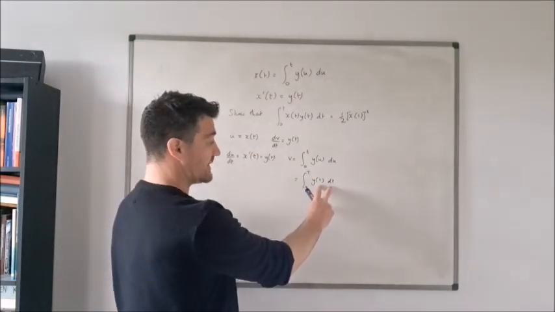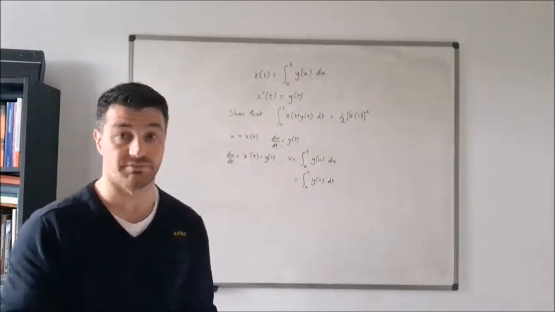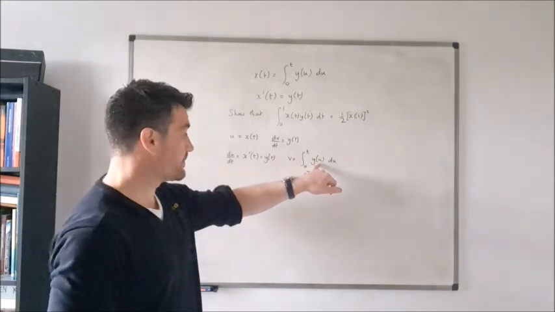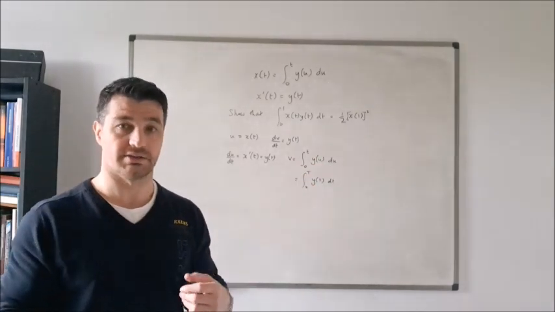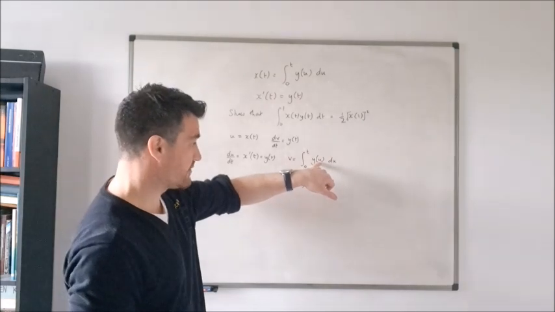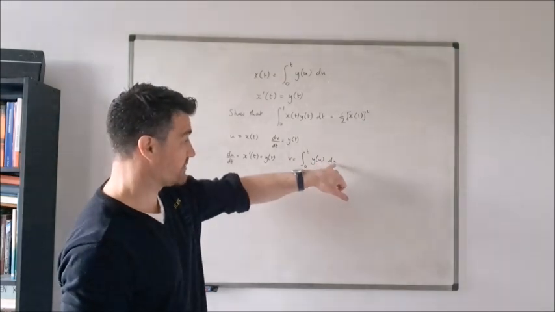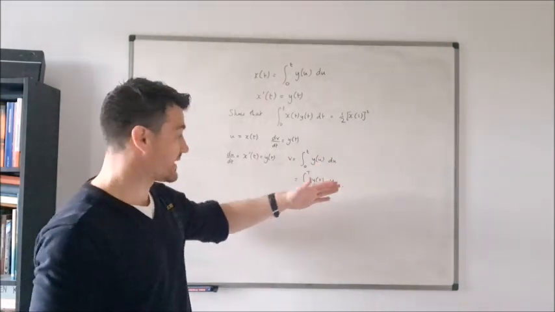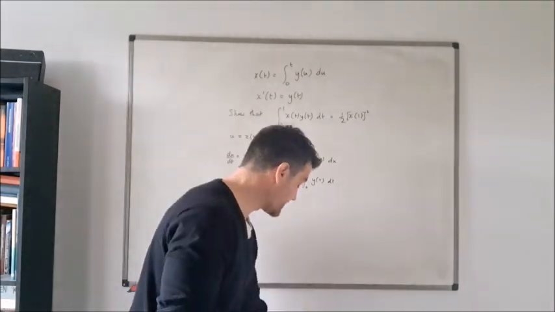The variable I use here is a dummy variable, it's not a real variable as such. So if I replace this u with t, and replace the u here with t, I still get exactly the same expression. It doesn't make any difference.